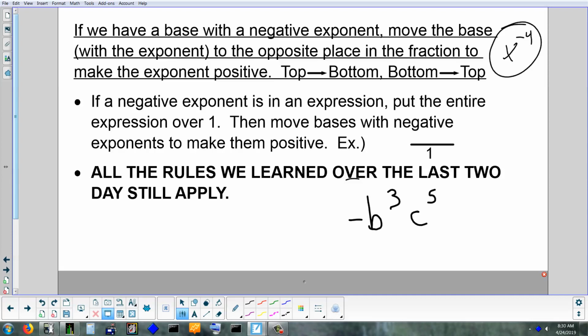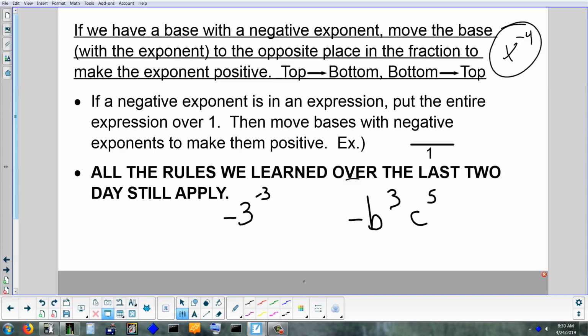So let's be careful. Now you may get something like this, negative 3 to the negative 3. So we'll talk about that. We'd have to move that, but it doesn't make the base positive. By moving the base to the opposite place, it only makes the exponent positive. It doesn't make the base positive.